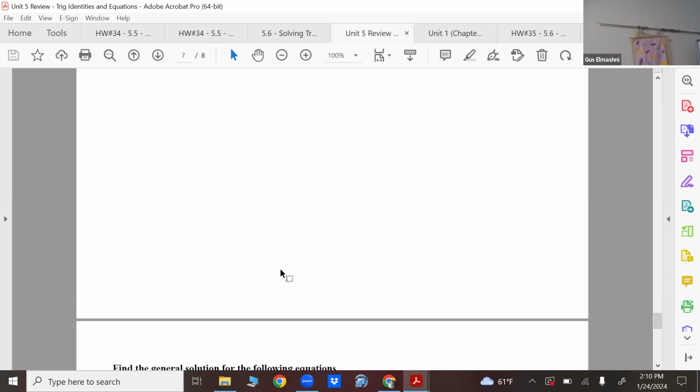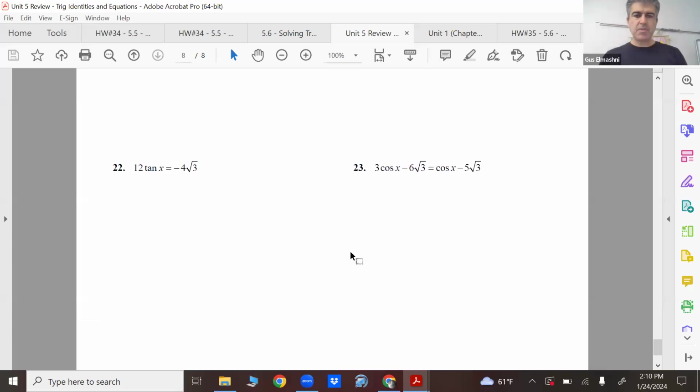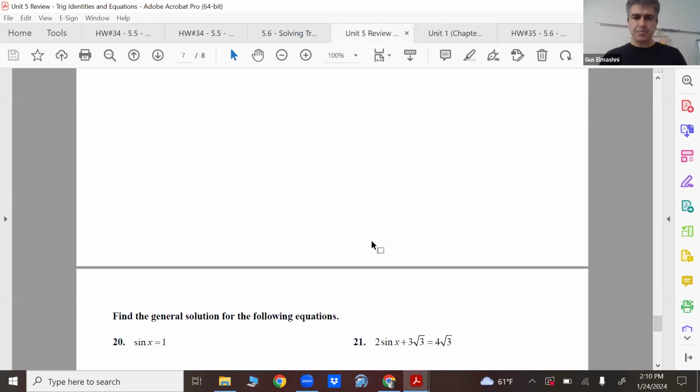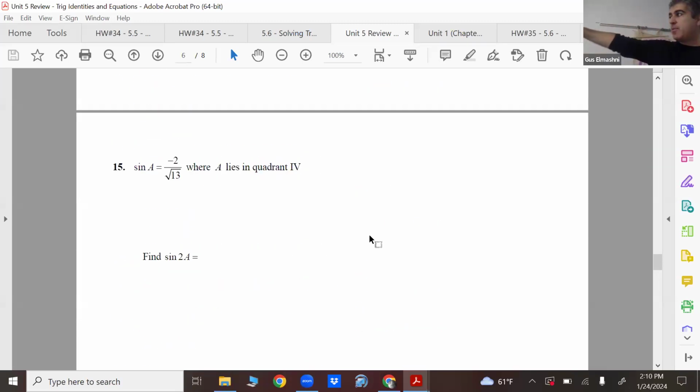Okay, really quickly for the quiz today. On this review packet, I'm going to be asking 2 questions on the quiz today. One question is like number 15. Just like number 15, I'll give you some trig function, tell you what quadrant it's in, draw the triangle in the right place, and then use, and I'll give you the formula, like sine 2a is 2 sine cos.